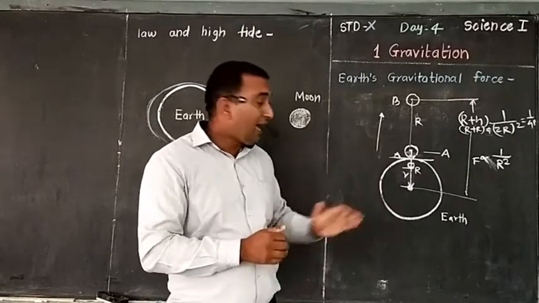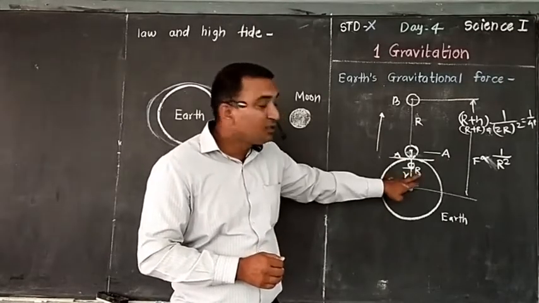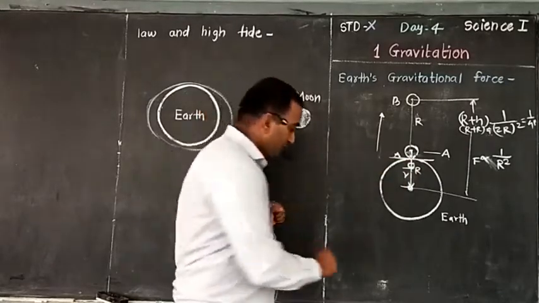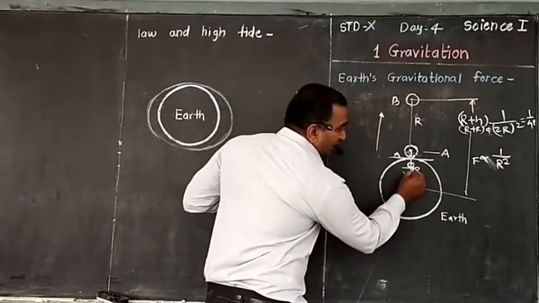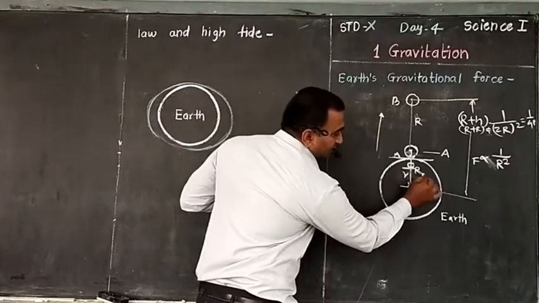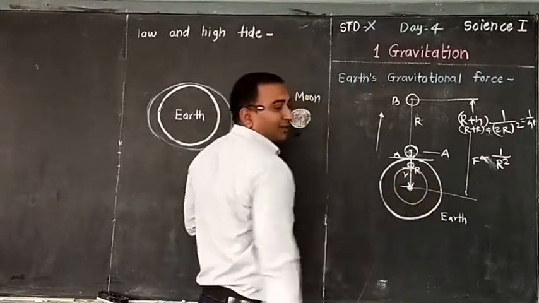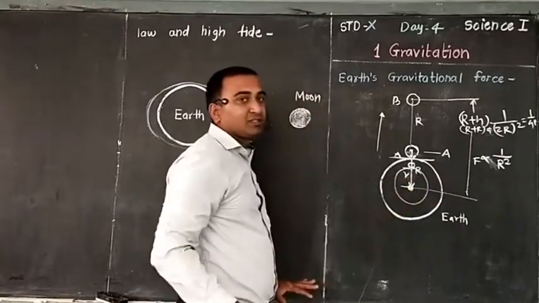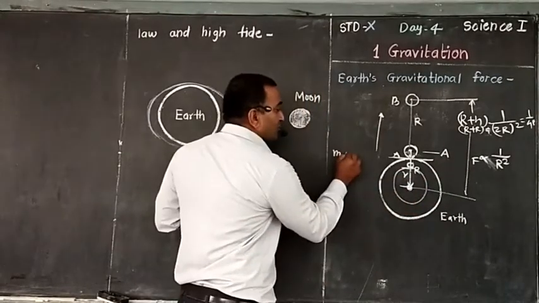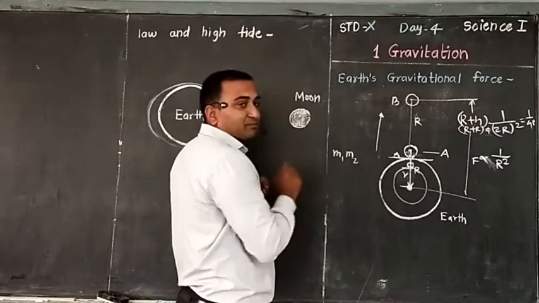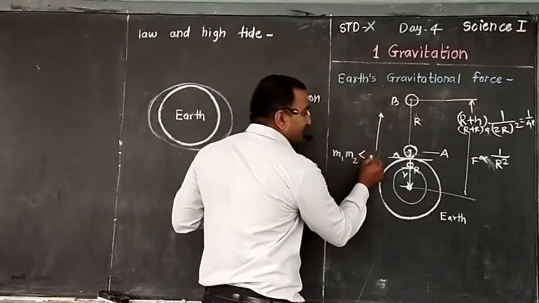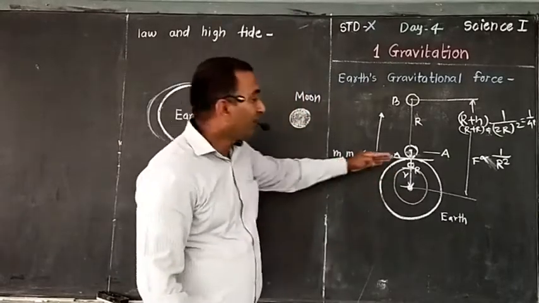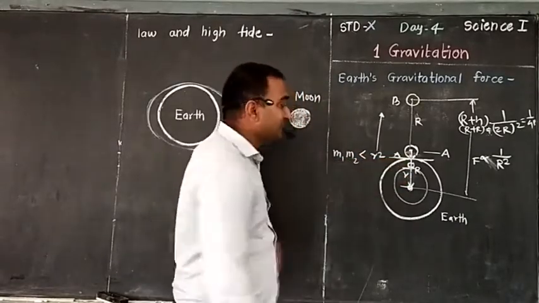But see, as compared to this distance, mass plays a very important role, because at this point you should consider only this much of the earth. So the mass of the earth is reduced, and the product m1 m2 is less compared to r squared, and so the gravitational force goes on decreasing.